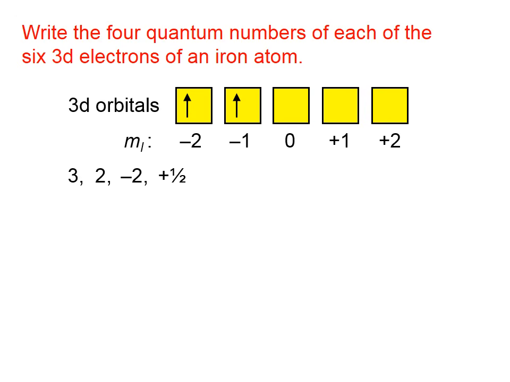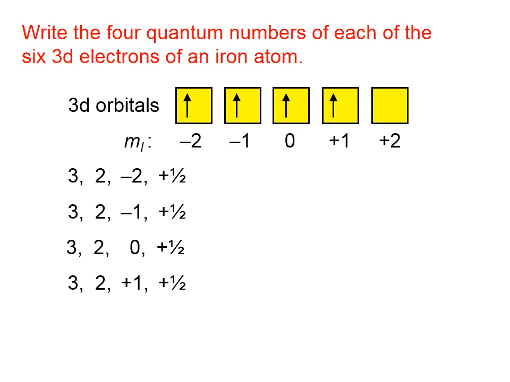So this one is going to be 3, 2, negative 1, because that's the name of this orbital, positive 1/2. And we're going to keep going. 3, 2, 0, 1/2. 3, 2, 1, 1/2. And that fifth electron is going to be 3, 2, 2, 1/2.